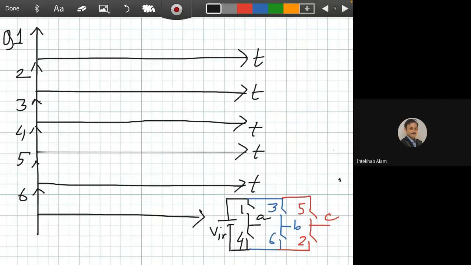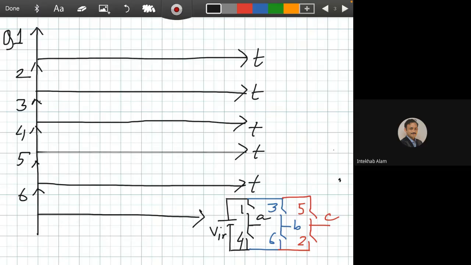Is there any problem? Can you understand? I have just drawn the circuit diagram again so that you can check. If you look at the circuit diagram, we cannot switch on 1 and 4 at the same time. Can you understand this point?